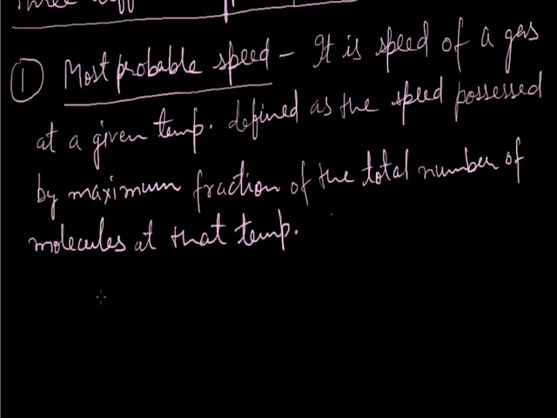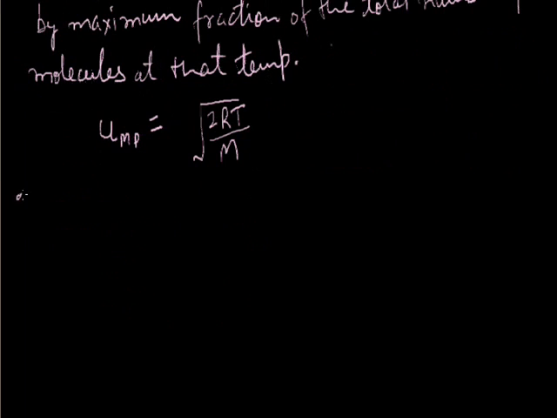It is given as follows: most probable speed equals square root of 2RT by M. The next speed is average speed.